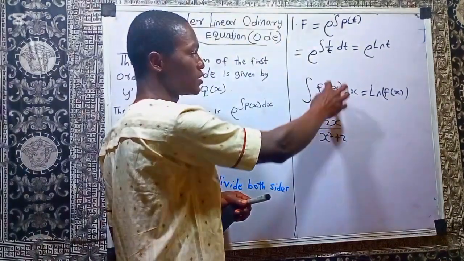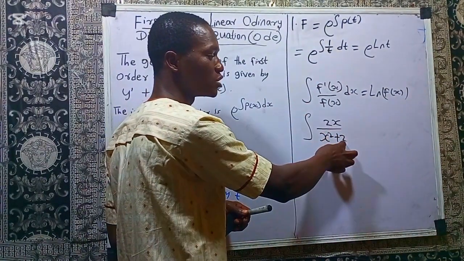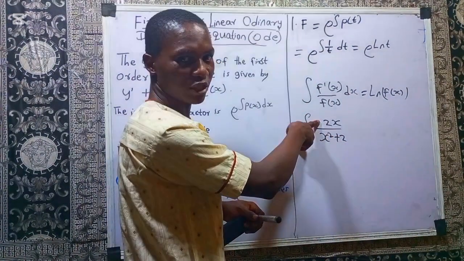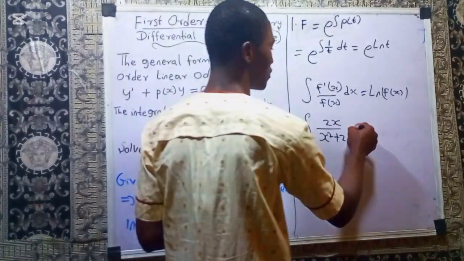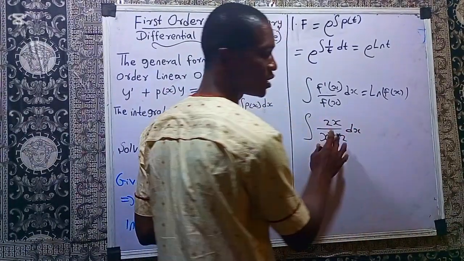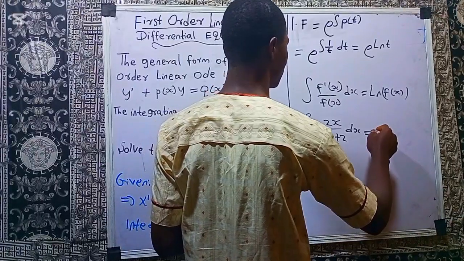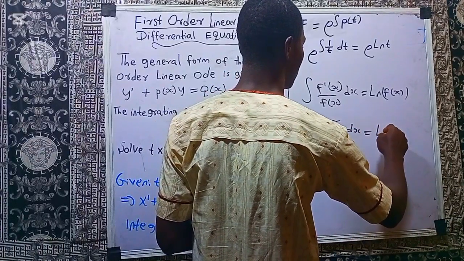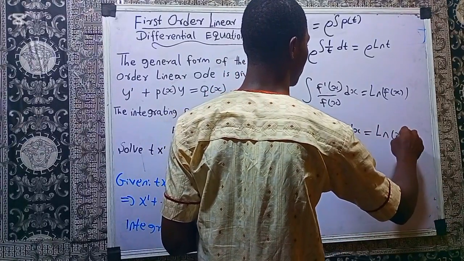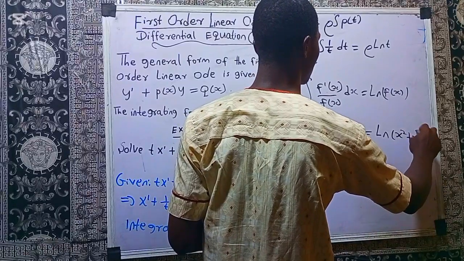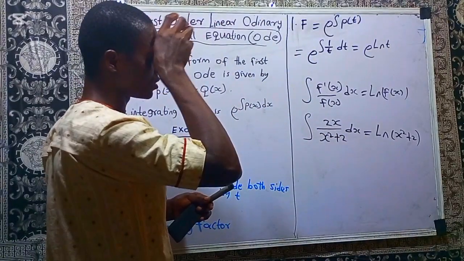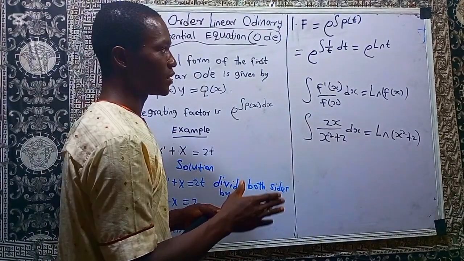So it's in line with this. The derivative of the denominator is giving you the numerator. Then the result of the integration will be ln of the denominator, ln of x squared plus 2. So this is just an illustration that I gave here.